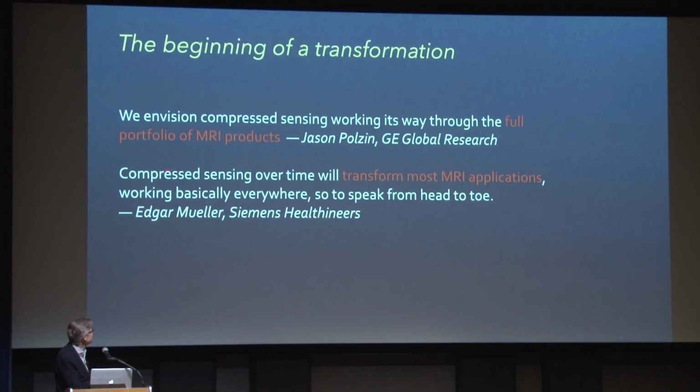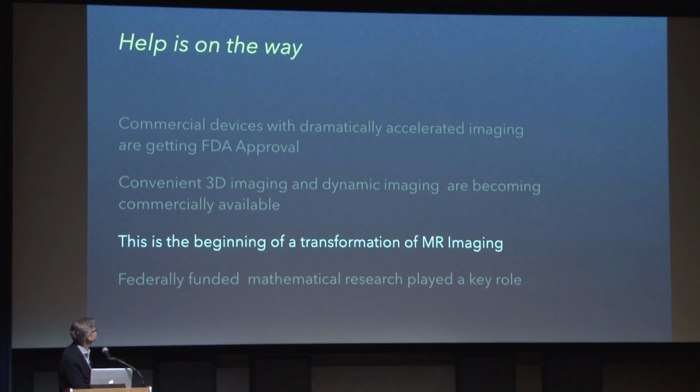So compressed sensing is the term of art that first arose in the mathematical sciences literature for this approach, and you'll notice that it's actually being used by the vendors, so that not only is there an influence, but they acknowledge the influence.